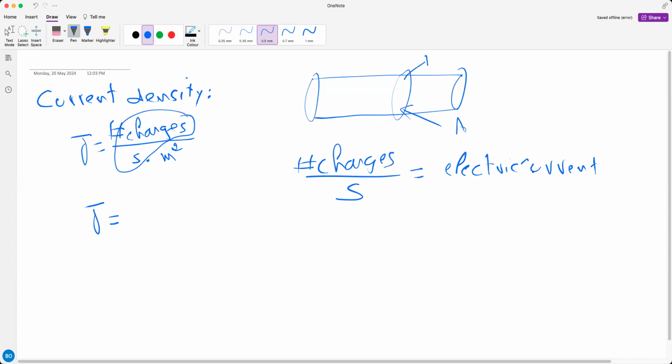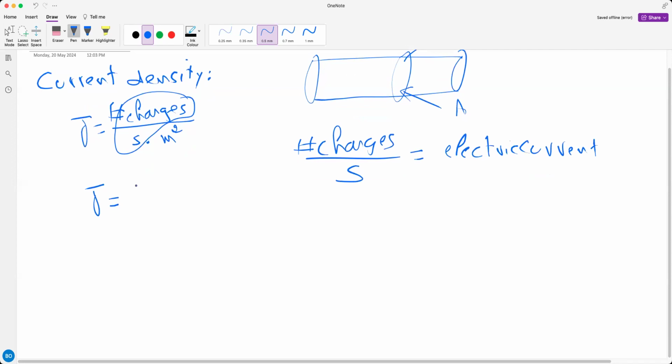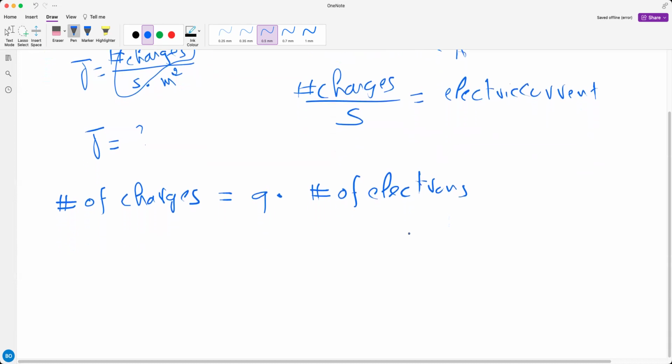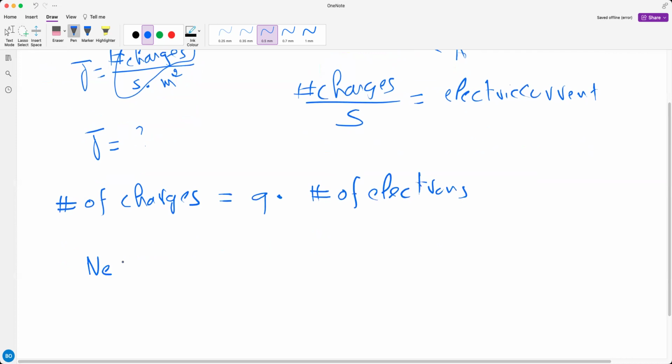Any question? Okay, so I want to calculate the current density, which means I want to calculate the number of charges. Well, the number of charges is just the charge of one electron times the number of electrons flowing through this area. Let's define Ne as the electron density. Each material has an electron density. What is the electron density?